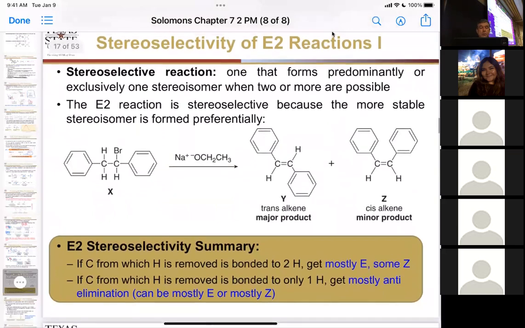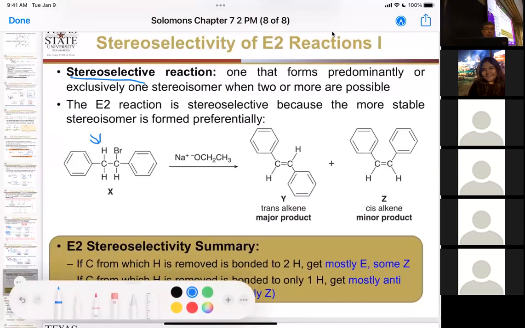Okay, so now let's talk about another part of stereoselectivity on the system. And we're going to have to use, not Fischer diagrams, but Newman projections to show us how this works. So in the case of our stereoselective reaction, we're going to form a double bond here in the middle. And if we take one of these hydrogens, we get one of these products.